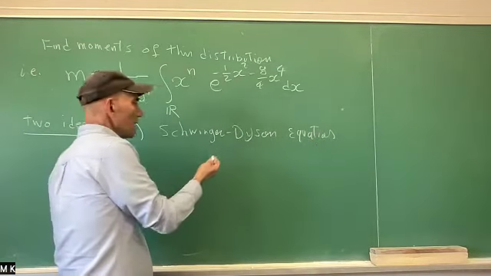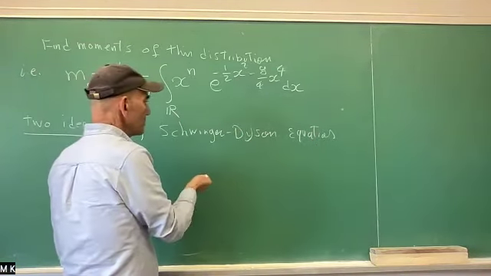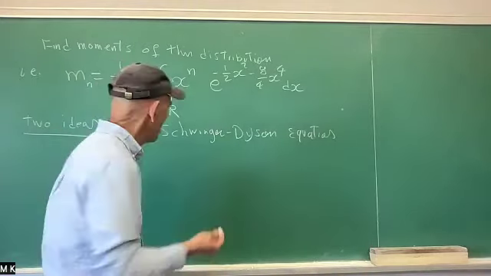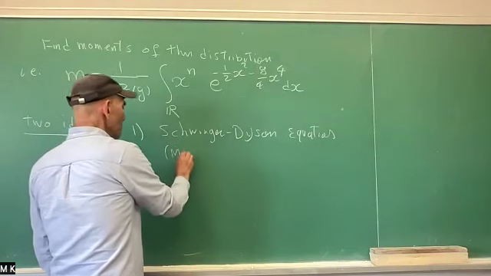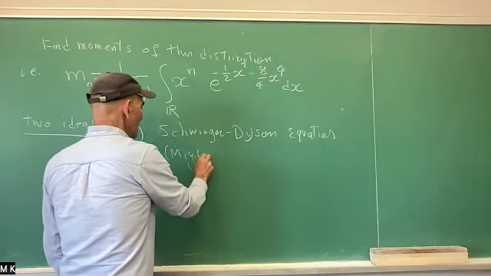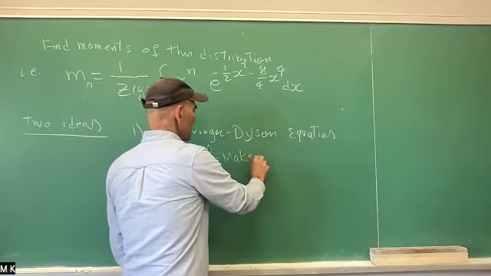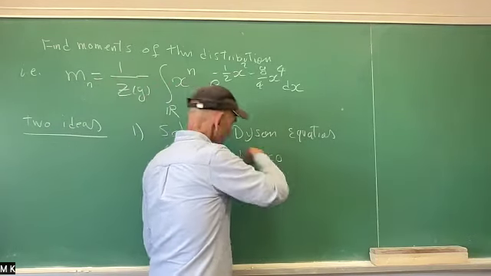This Schwinger-Dyson equations comes under zillions of other names, really. They are also called Migdal equations, Migdal, Marchenko, some Russian mathematicians, physicists, sorry.